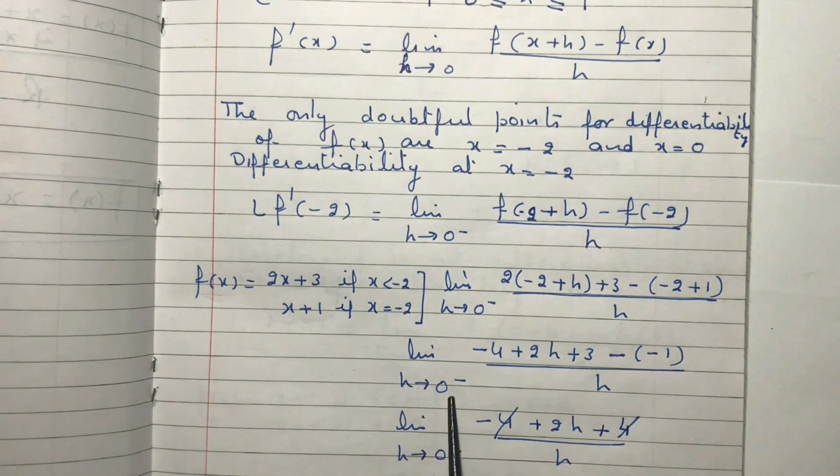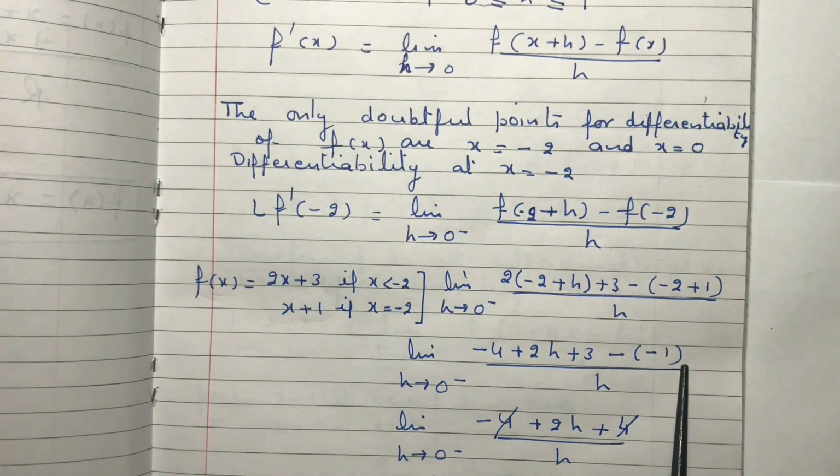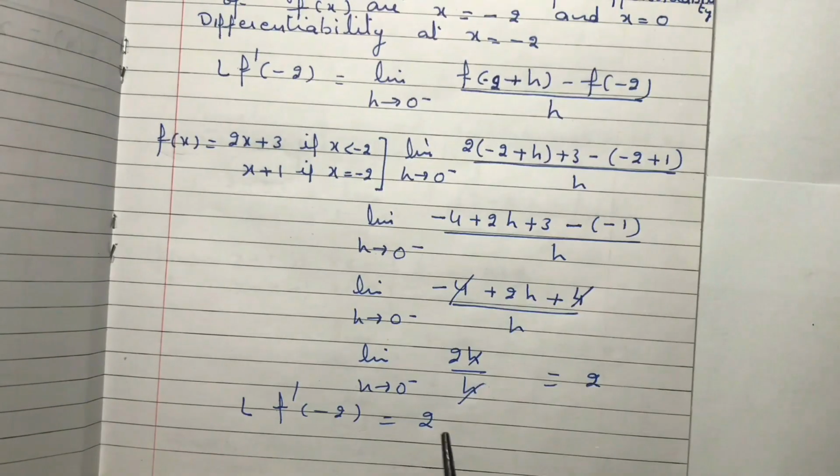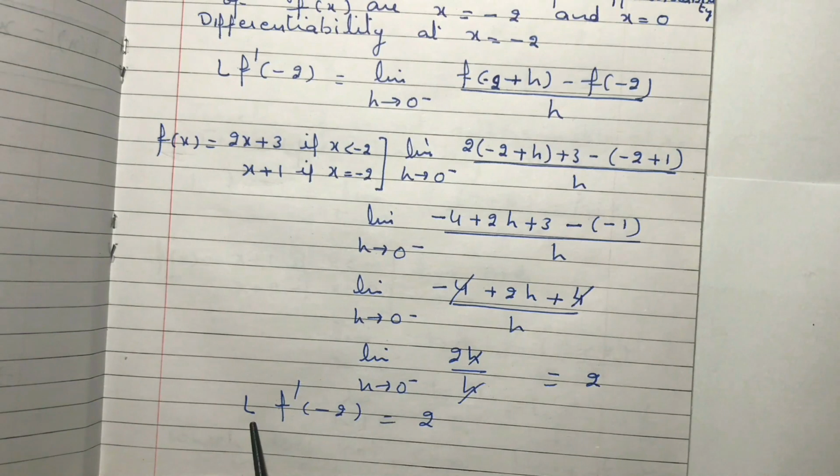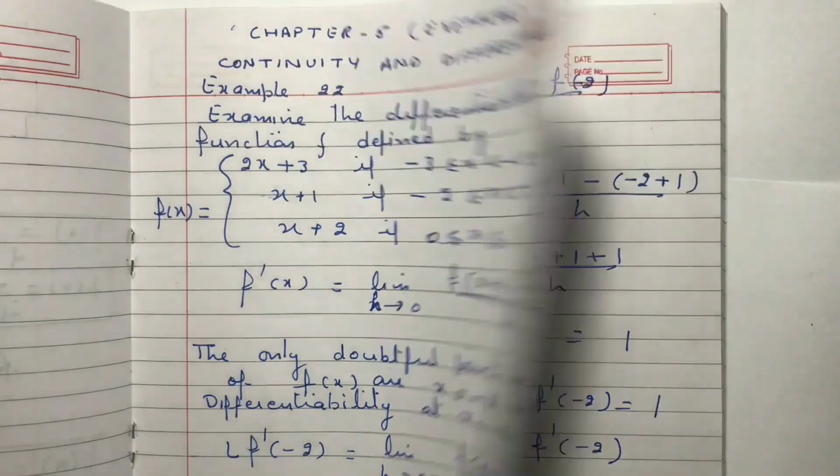So limit h tends to 0 minus of [-4 + 2h + 3 - (-1)] / h, which is [-4 + 2h + 4] / h. The -4 and 4 cancel, leaving limit of 2h / h. h and h cancel. This is equal to 2. So the left hand derivative f'(-2) is equal to 2.